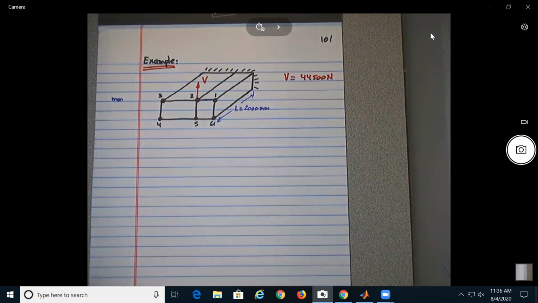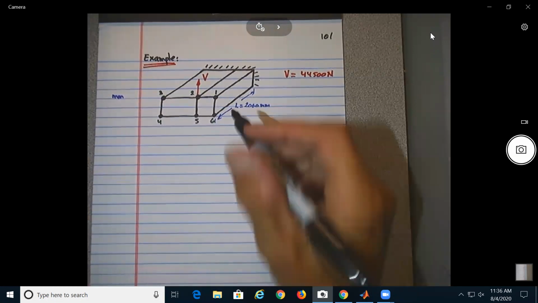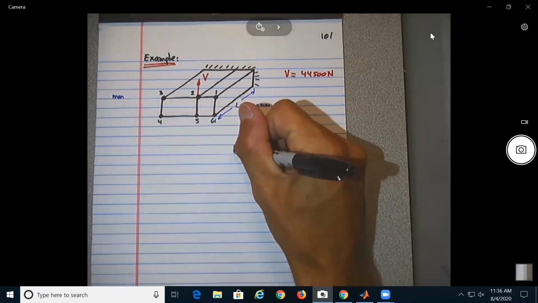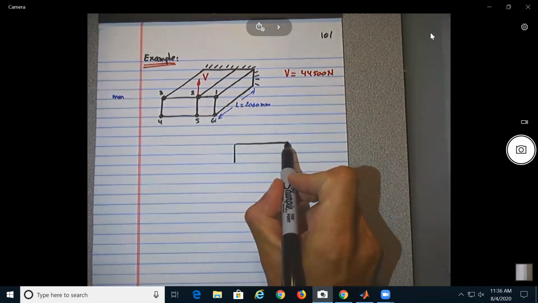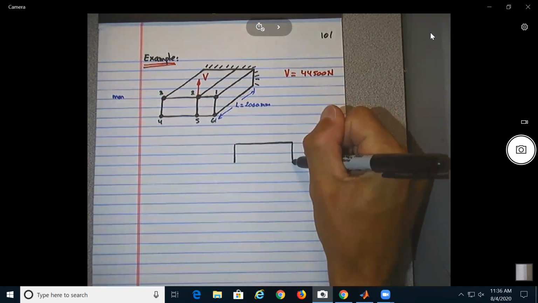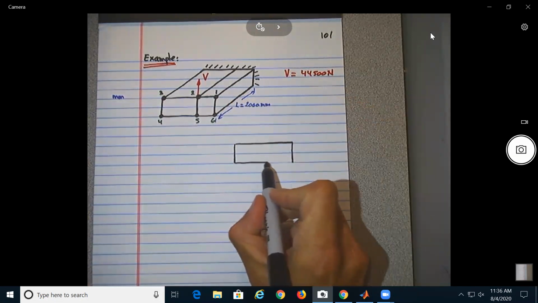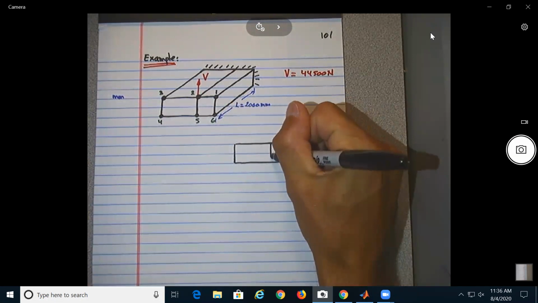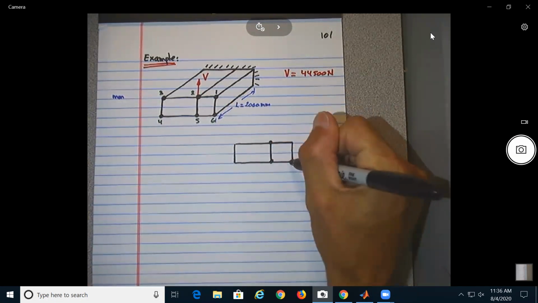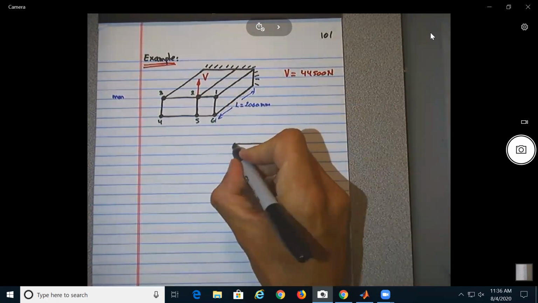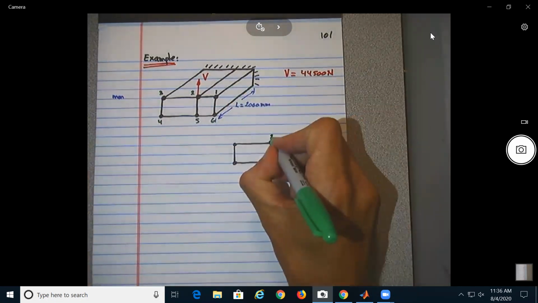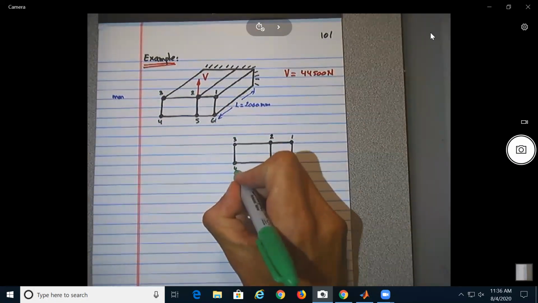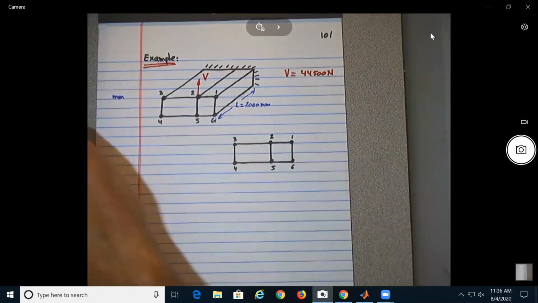I don't want to put too much information on the same figure, so let me do another figure here. 1, 2, 3, 4, 5, 6.